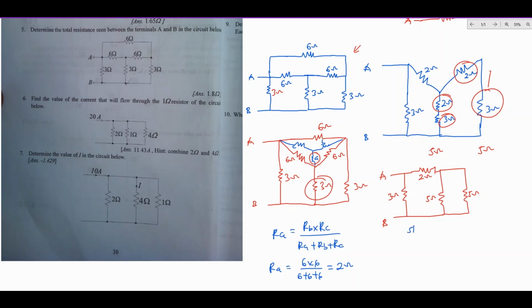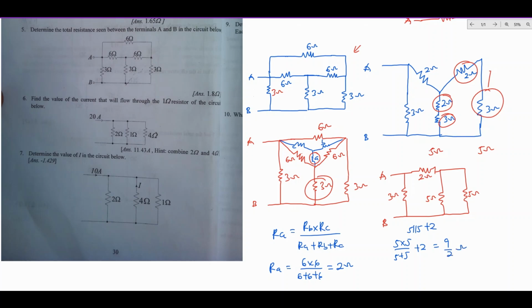So we're going to have 5 parallel 5, and then at the end they will be in series with these two, so plus 2. So 5 times 5 divided by 5 plus 5, plus 2, will give us a value of 9 on 2 ohms.